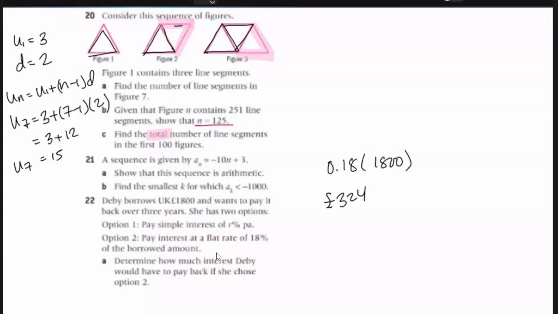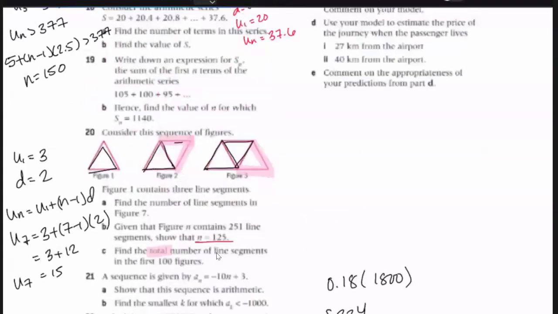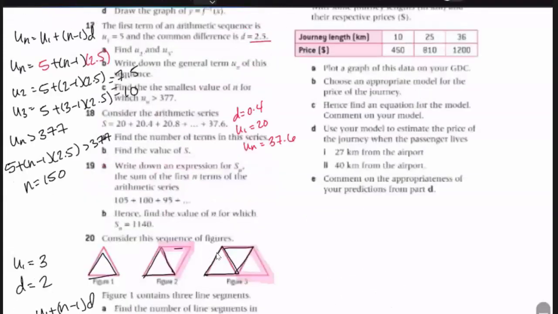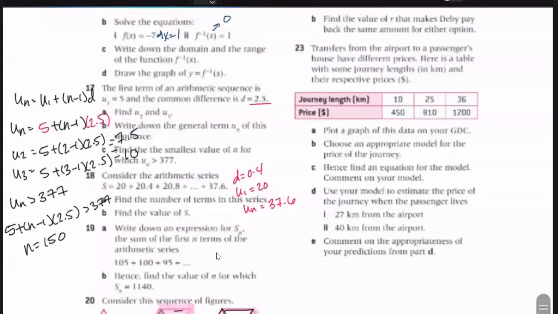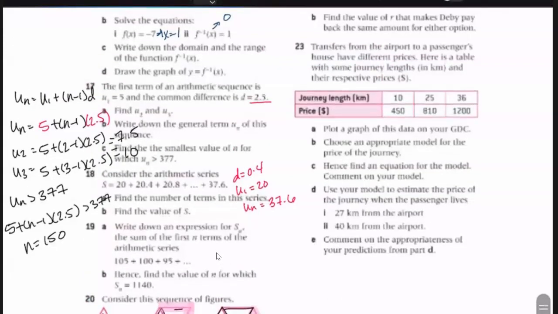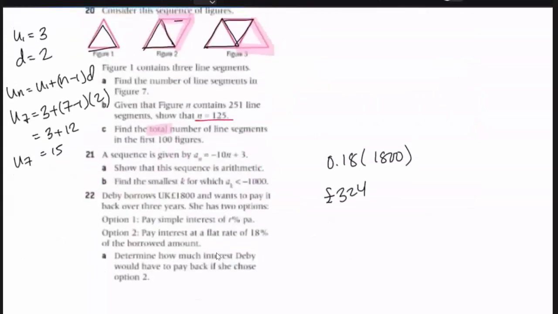No matter how many years, she just paid that much. What you have to figure out is what rate of interest will make it so that she's also paying the same amount of interest back for option 1. We don't know R. R is unknown. And it's simple interest, so we know our simple interest formula: interest is capital times my rate times the number of periods.